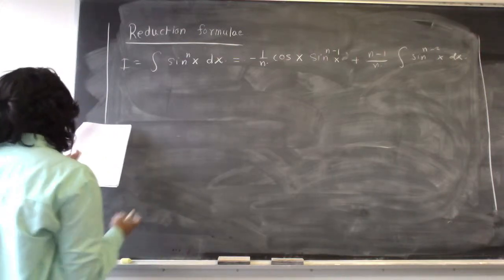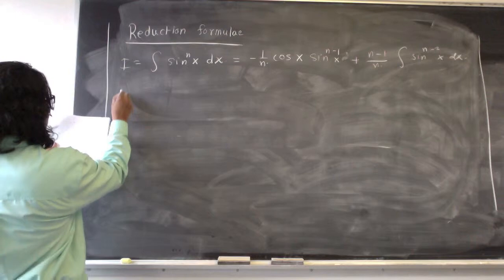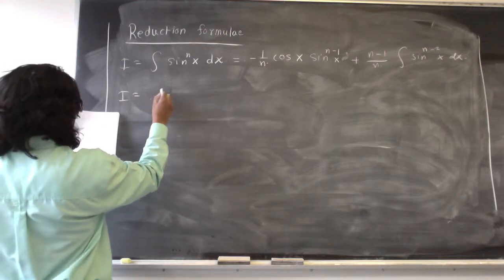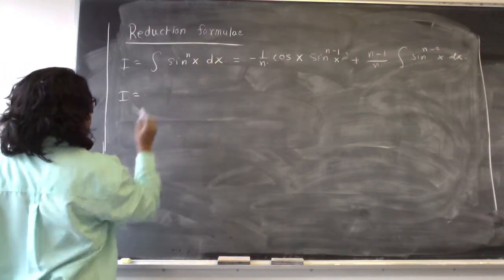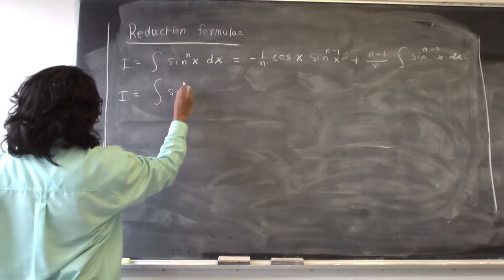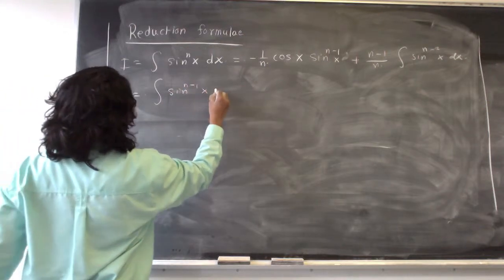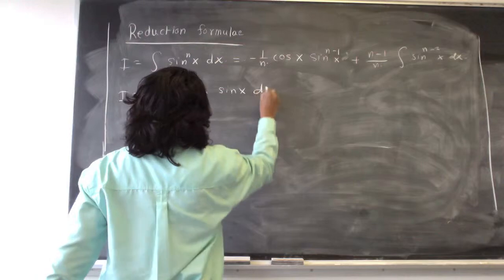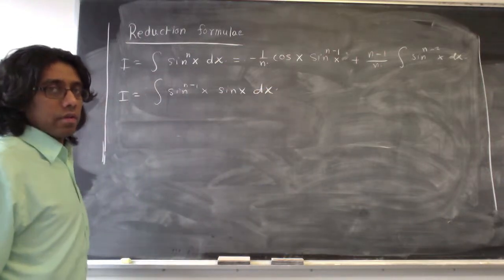Okay, so the way you solve this is you put I equal to the integral of sine to the power n, which can be written as the integral of sine to the power n minus 1 times sine of x dx.